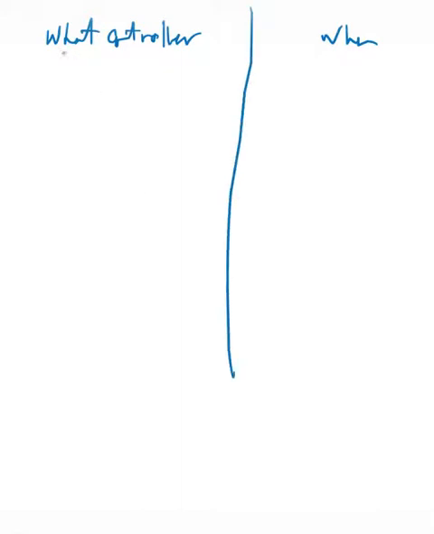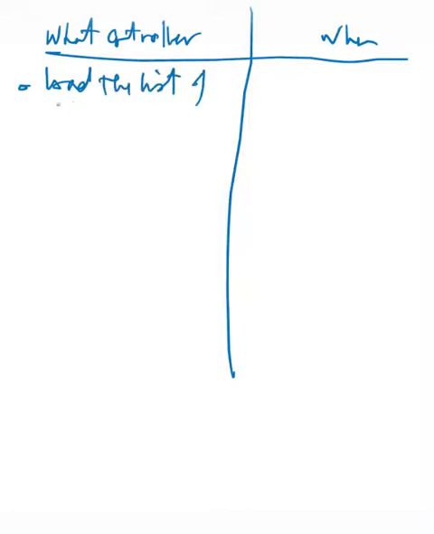So in this case, what the controller needs to do and when. So the controller needs to load the list of units from the file. And when should the controller do this? When the view loads. And this is an event we are familiar with, view did load.